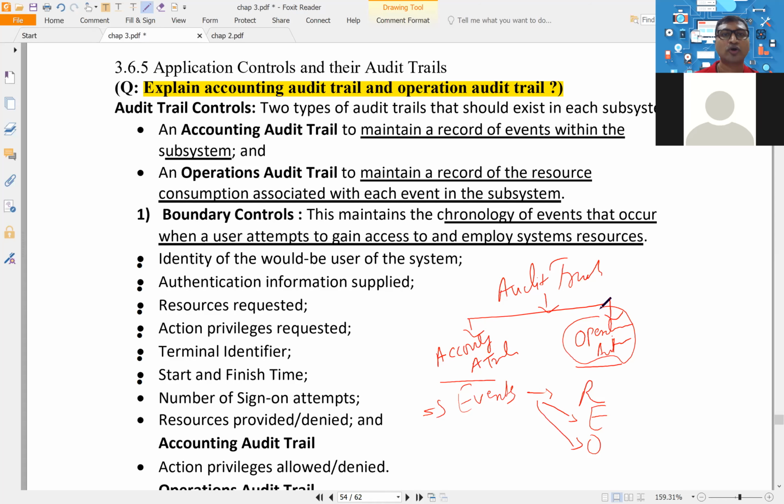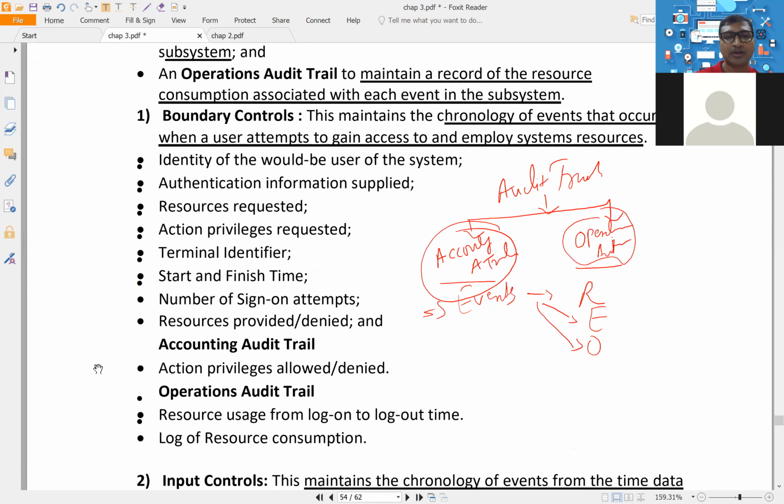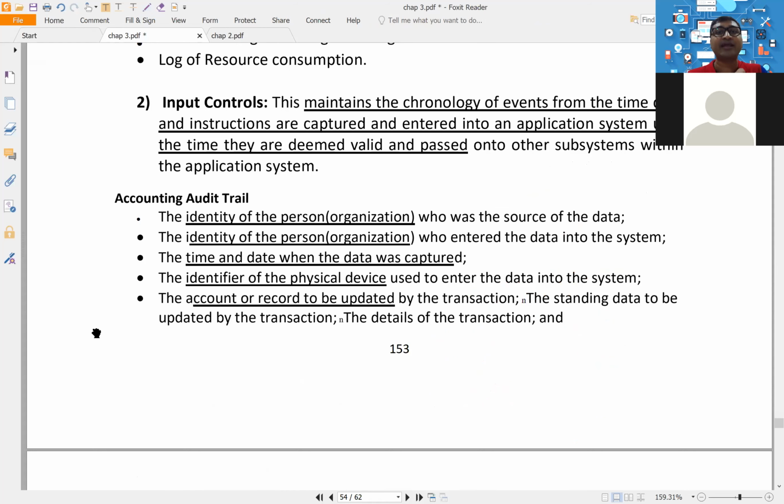So in all those topics, you need to remember two aspects. One, accounting audit trail, another is operational audit trail. Much of the content here is straightforward. You just need to remember what the contents are saying. Boundary controls are easy, but look at input control. Just entering the data into the system is not sufficient.